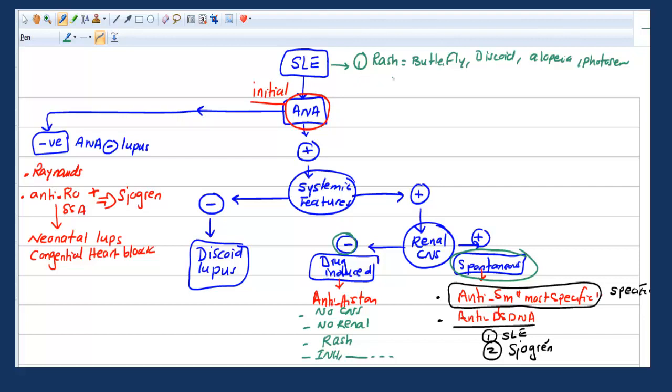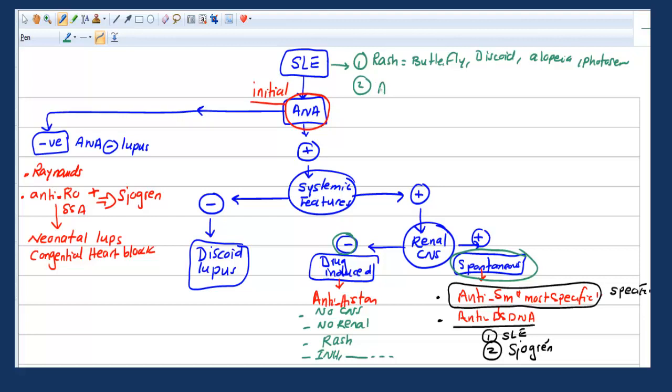This is what I mean by criteria. So you calculate: butterfly rash positive is 1, this is 2, this is 3, this is 4. If you get 4 out of 11, that means do ANA. I will consider rash as 1 point, and all of these are sub-points.